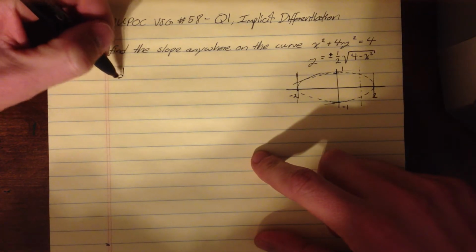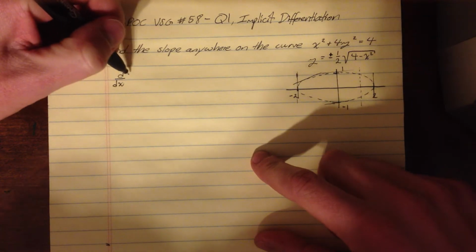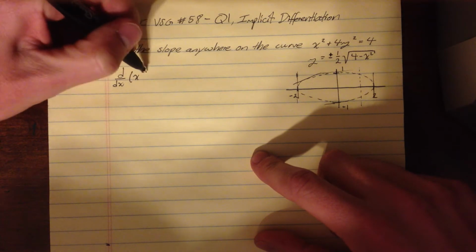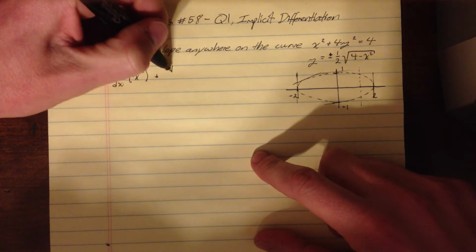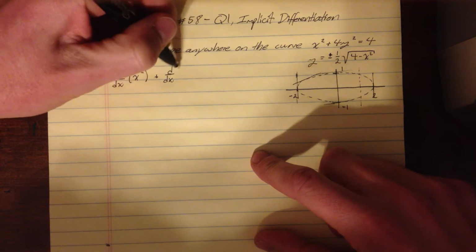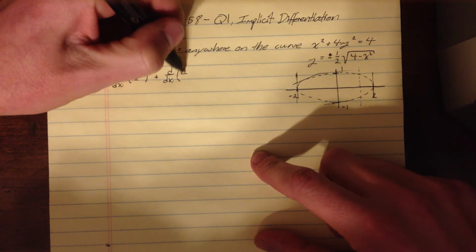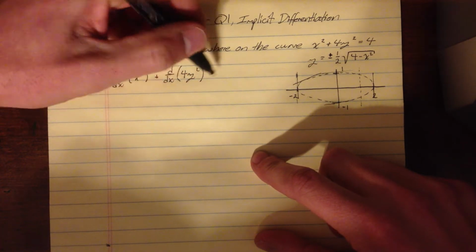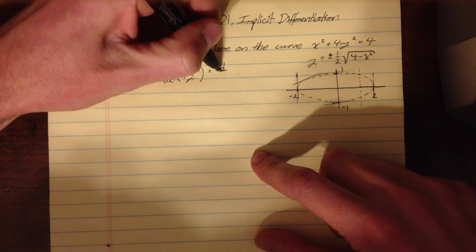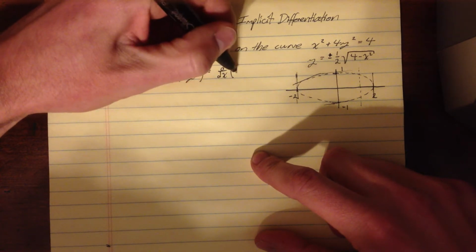So I'm going to have d/dx of x squared plus d/dx of 4y squared equals d/dx of 4.